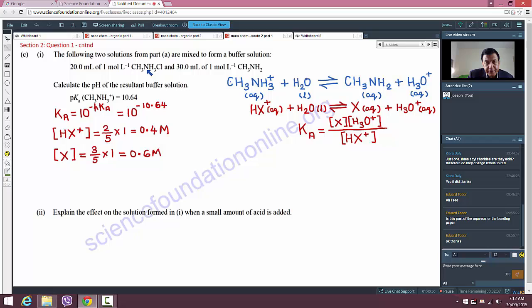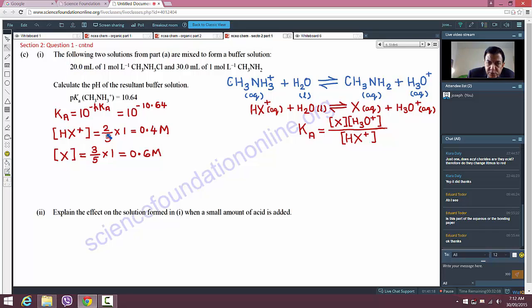There's 20 mils of the acidic species and 30 mils of the basic species, and they are both at 1 mole per liter concentration. The concentrations are the same, but there's 20 mils that you put of the acid and 30 mils of the base. So in the final solution, the concentration of the acid species will be 2/5, because our 20 mil becomes 50 mils.